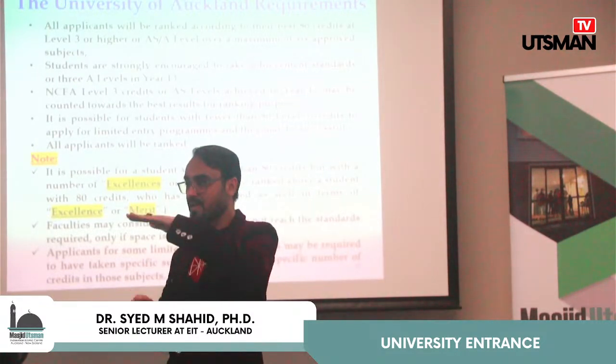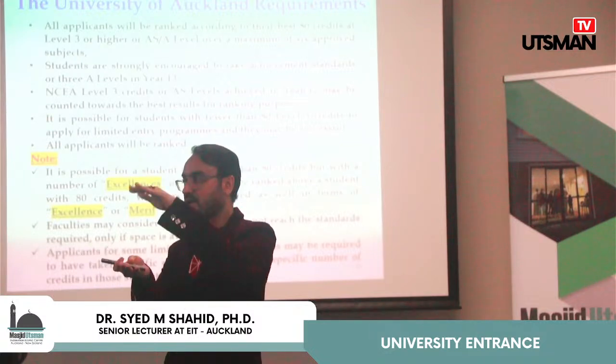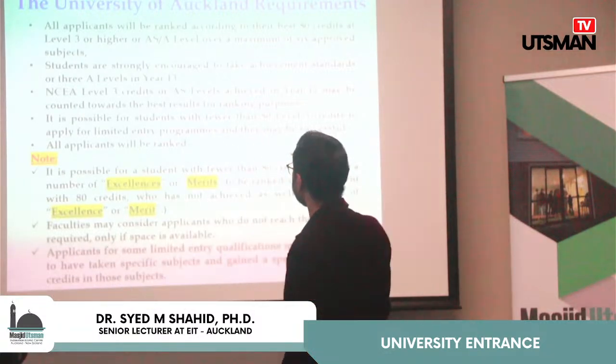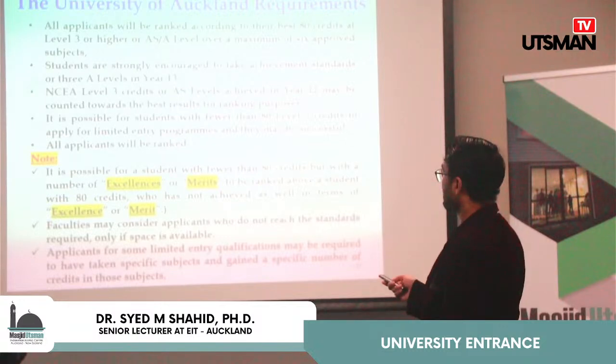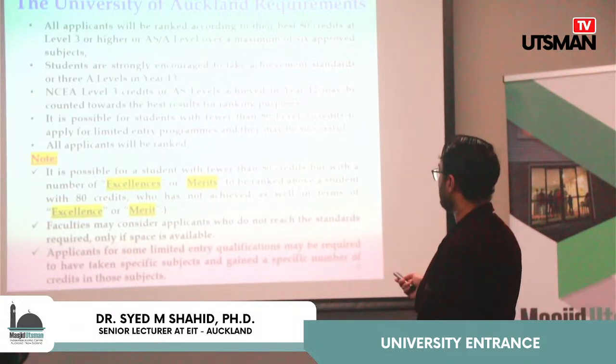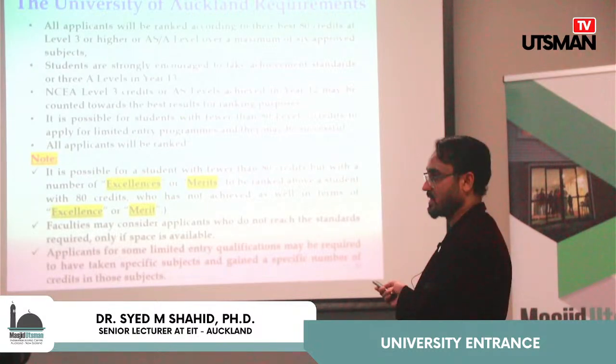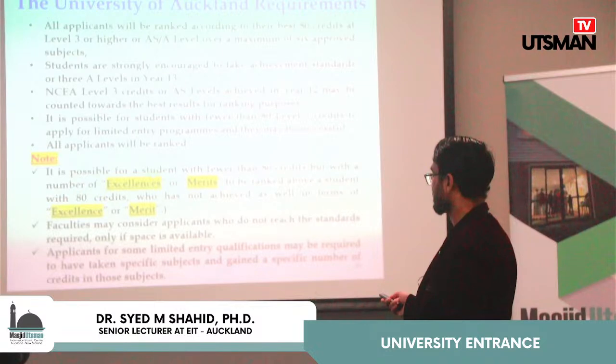So that at the end, when you try to get into university, year 12 results may be counted towards the best for ranking purposes. So they always select best results, and from those best results come, as I said, excellence, merits.